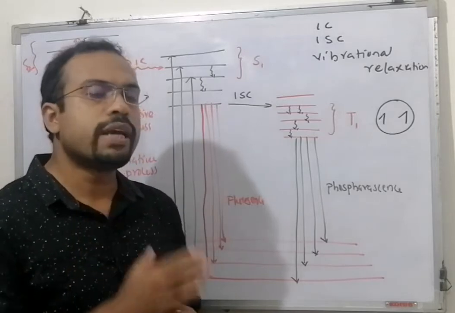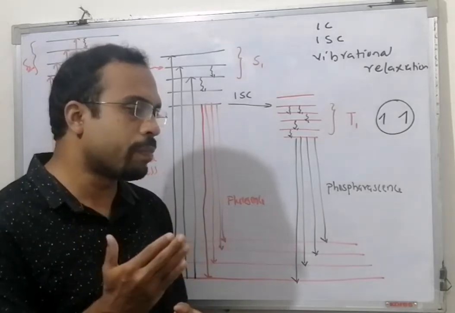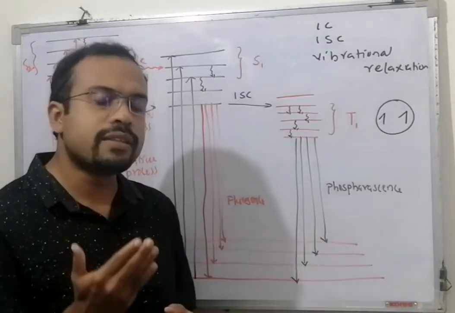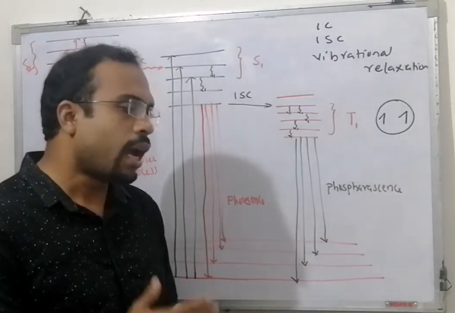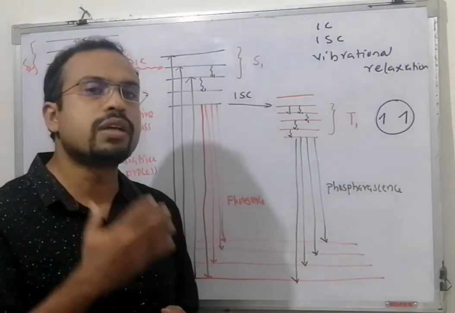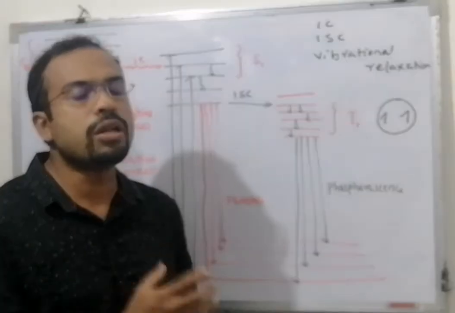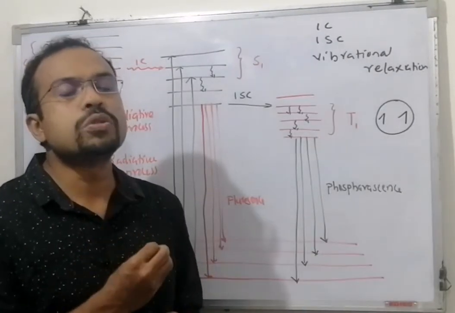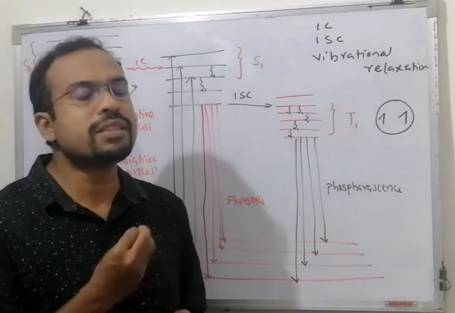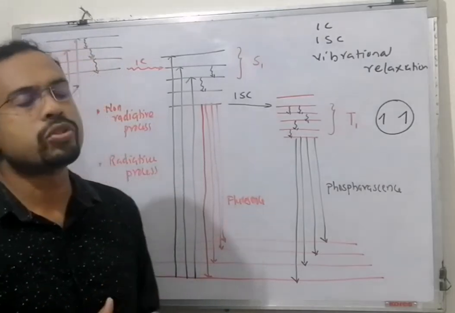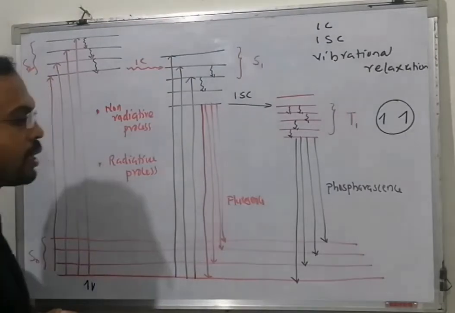Once again, the excited molecule in a higher vibrational level of an excited electronic level undergoes collision with other molecules, loses energy due to the collision, and comes to a lower vibrational level within the electronic level. That process is called vibrational relaxation.